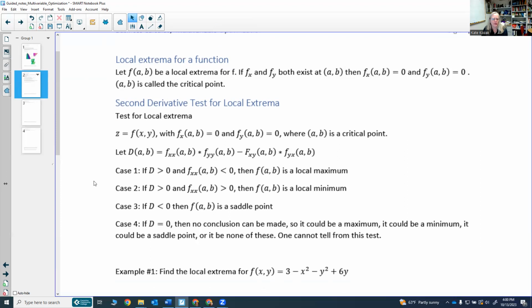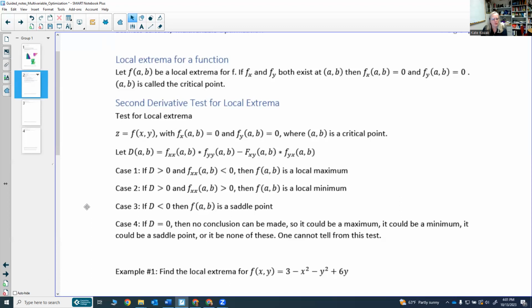Case 1. If D is greater than 0 and the second partial derivative with respect to x at (a,b) is less than 0, then f(a,b) is a local maximum. Case 2, if D is greater than 0 and the second derivative of f with respect to x at (a,b) is greater than 0, then f(a,b) is a local minimum.